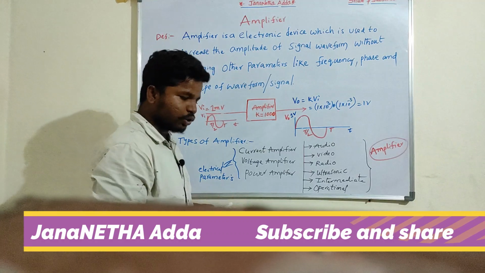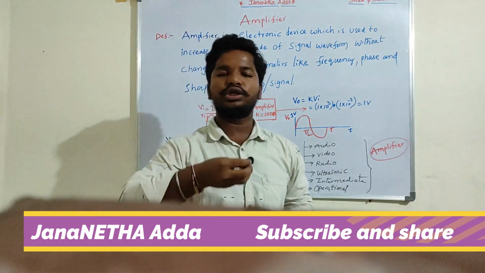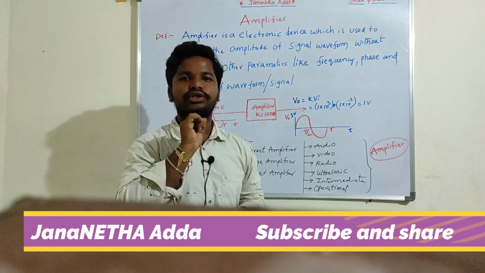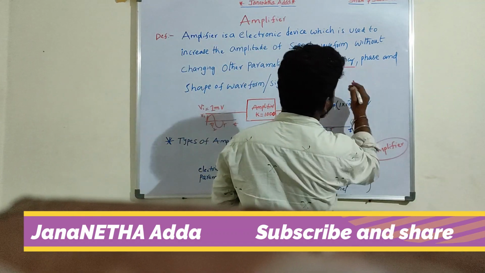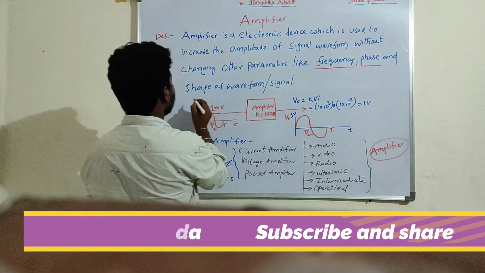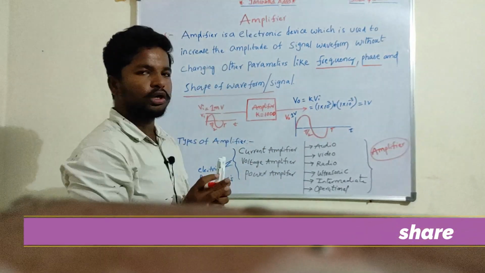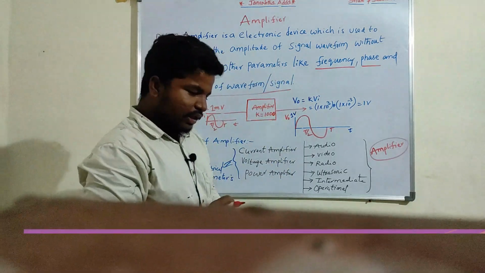The amplifier should produce the scaled version of the input signal amplitude, without changing the frequency, the phase and the shape of the waveform. The amplitude has to increase, but the shape of the signal should remain the same.